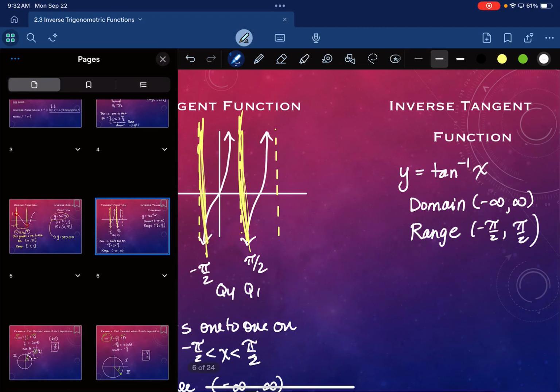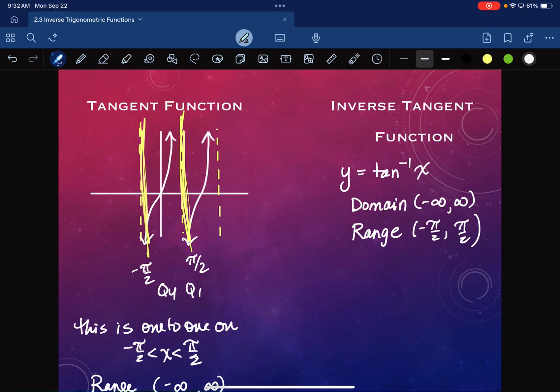There we go. All right, so our inverse tangent says that its domain is negative infinity to infinity, right? And that makes sense when we look at the tangent's range. It went from negative infinity to infinity. Agreed? So what that's telling you is that you can have any input value in here at all, any value that goes into inverse tangent, and everything's going to hold.